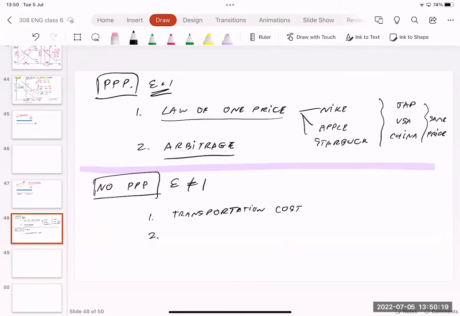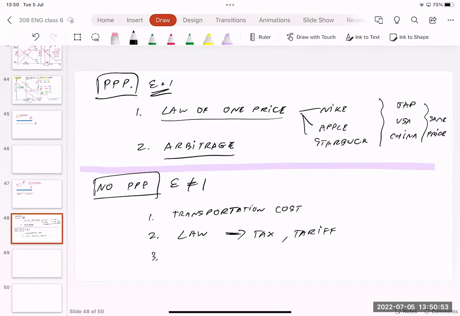The second one is law, like tax and tariff. Let me check. Yes, that's right. Some countries have a very high import tax. That's why the product in their country is very expensive.